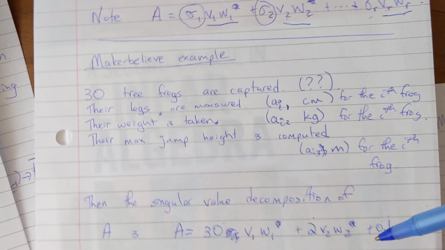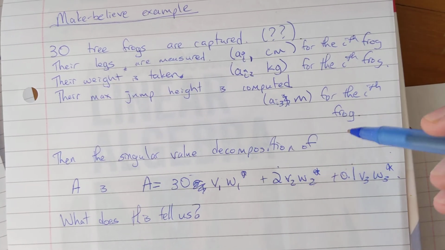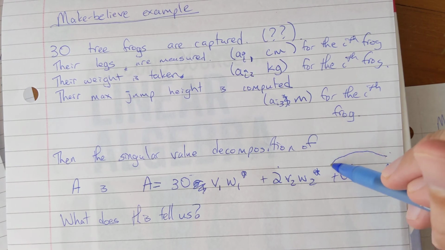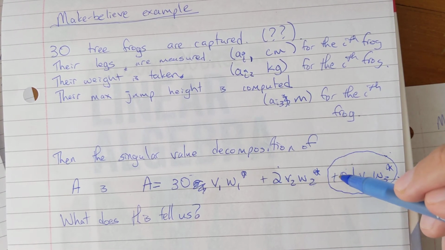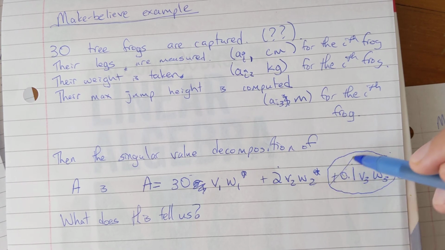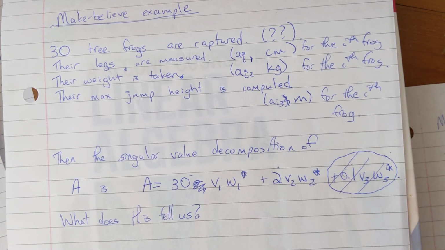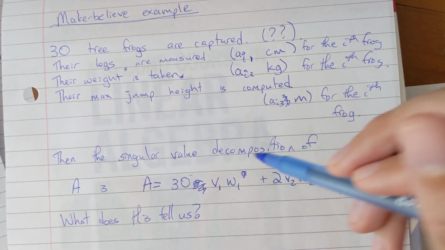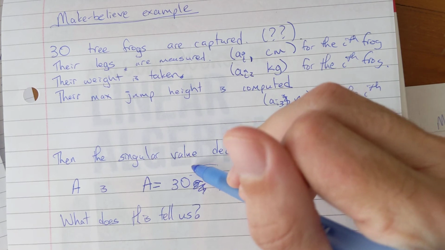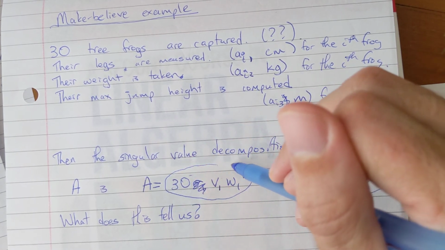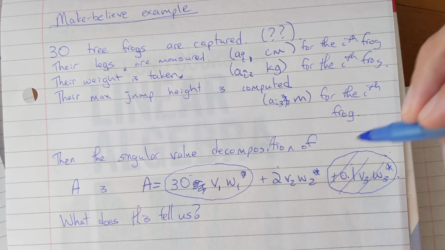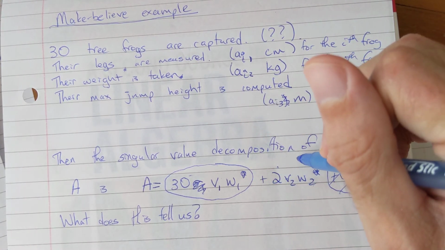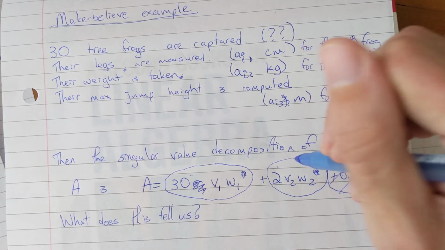So what these singular values tell us is that, first of all, this is 0.1. We can consider that to be noise, so we can ignore that. And then we have 2 main terms. This is just a very rough explanation, but we have 2 main terms.